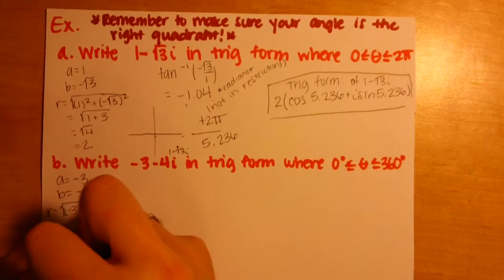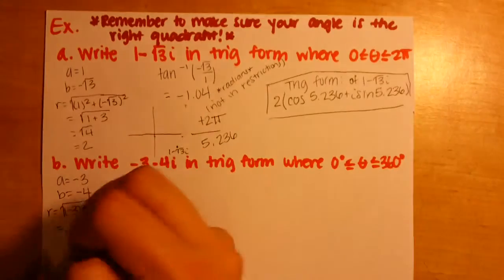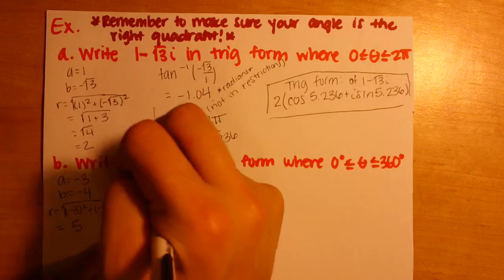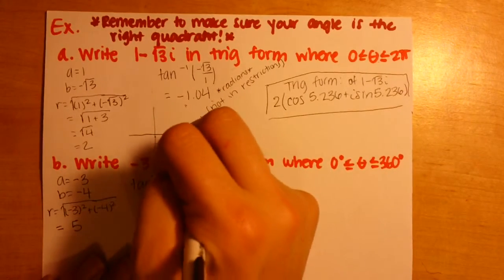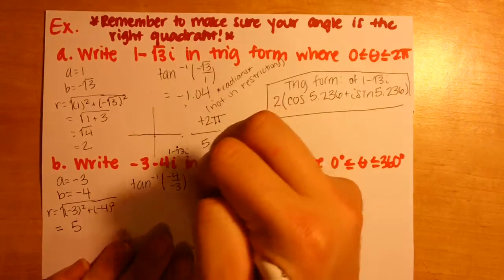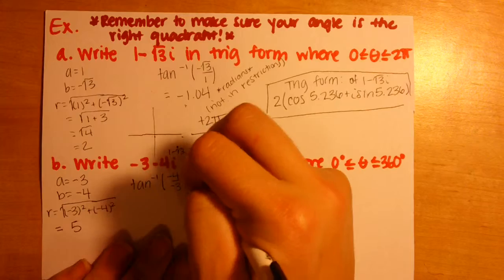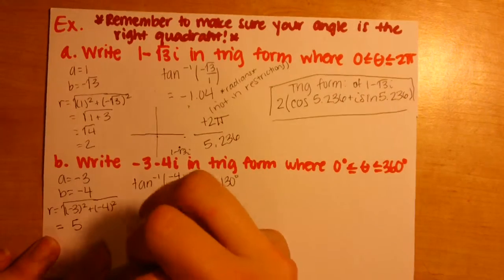And that's going to give us 5. Now our angle, we take tangent inverse of negative 4 over negative 3. We're going to make sure we're in degree mode. And we're going to have 53.130 degrees.